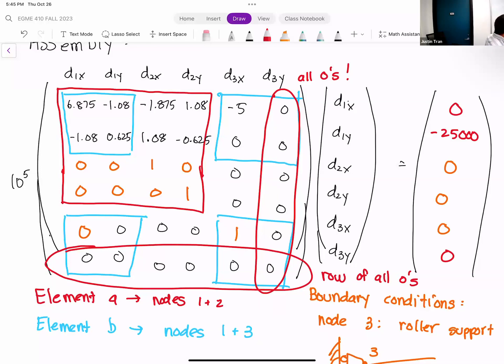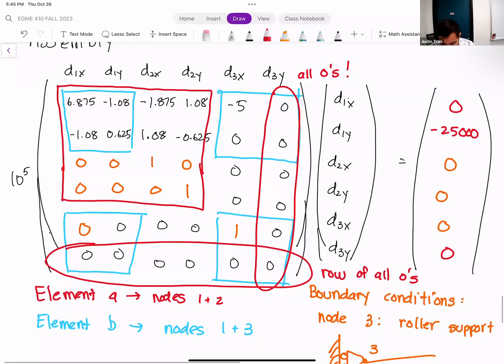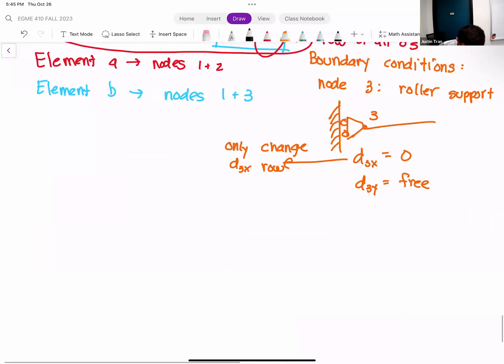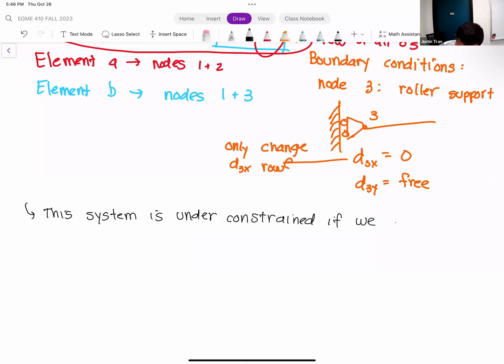And so what this means is that this system right now, as it stands, is actually under constrained.